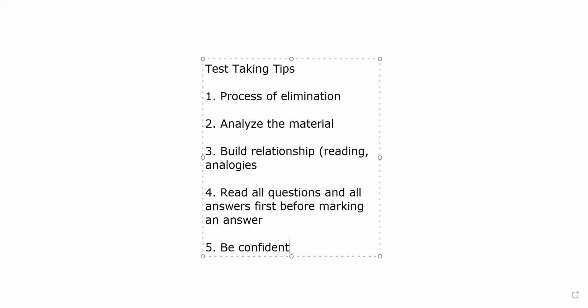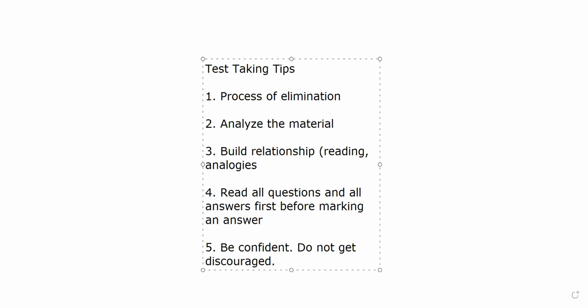Make sure they're aware they're not going to be able to master everything that's on the SSAT, nor is it expected of them. So be confident and don't get discouraged when they see something they're not familiar with. Just keep going and answering the questions, but read the questions and the answers before making a selection, and do the best that they can. Once it's submitted to the school, they'll review it and see where they scored, and that will let the school know where to place that student.